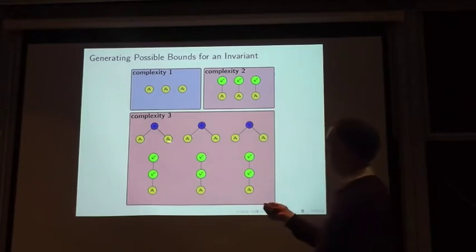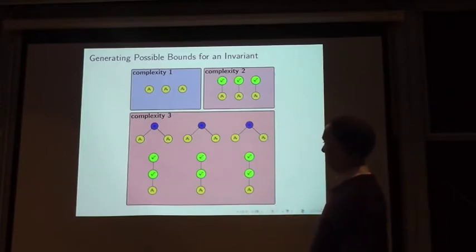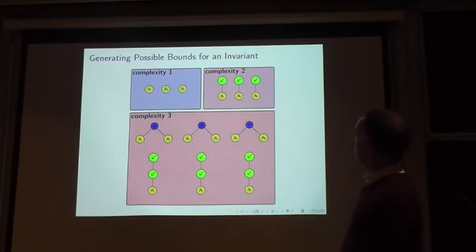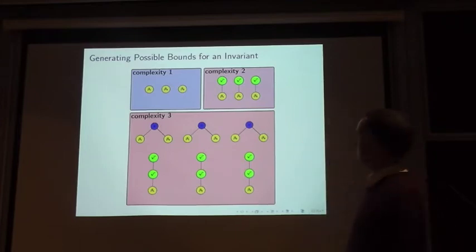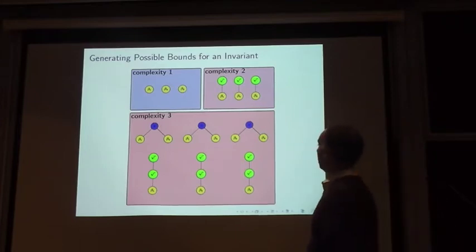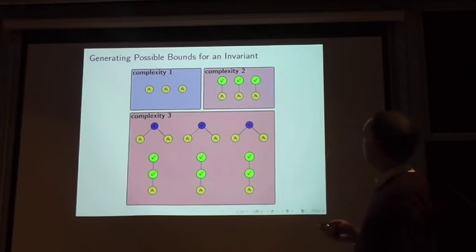The complexity 3, so you see we've got labeled trees, so we're just forming all of the labeled trees. Our code actually produces 100 million labeled trees a second. Generating the expressions is not one of the hard parts here. Here's another: a complexity 2 unary operator applied to an invariant gives you a complexity 3.